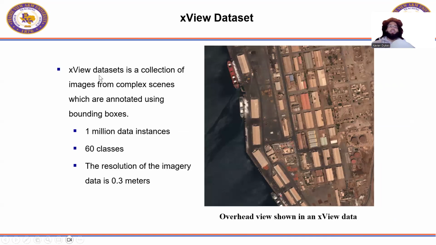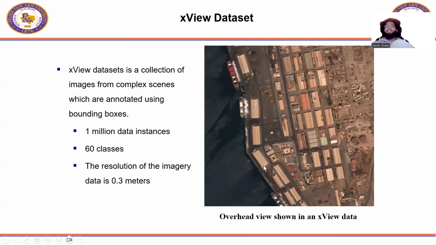We have the xView data set. So a little bit about the data set. There are 1 million data instances inside that set, spanning across 847 images. Of those 1 million data instances, they are split into 60 different classes, including buildings, cars, cranes, excavation equipment, things of that nature.